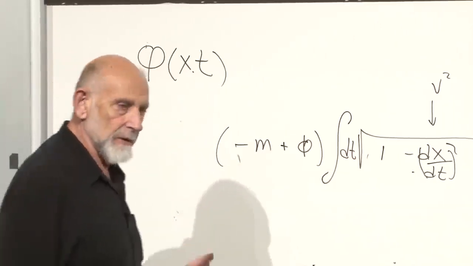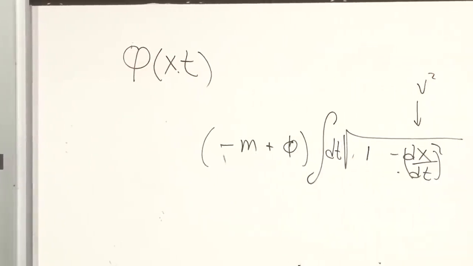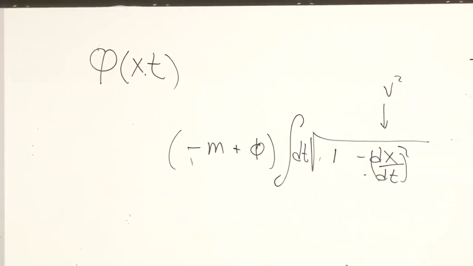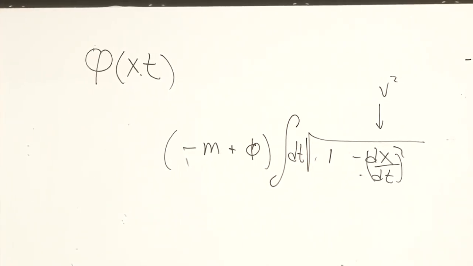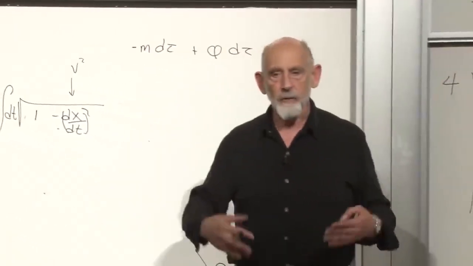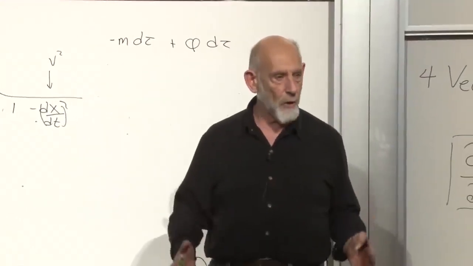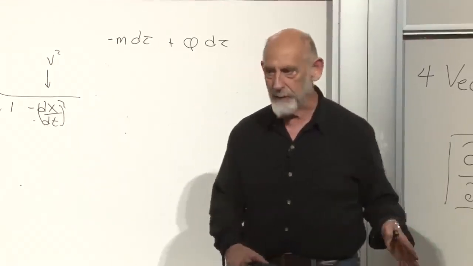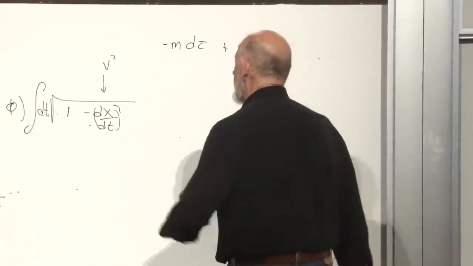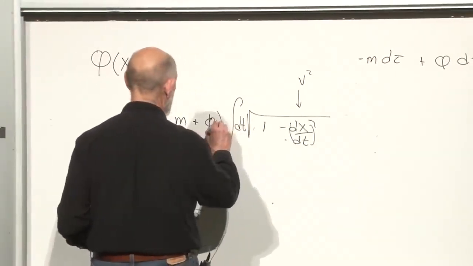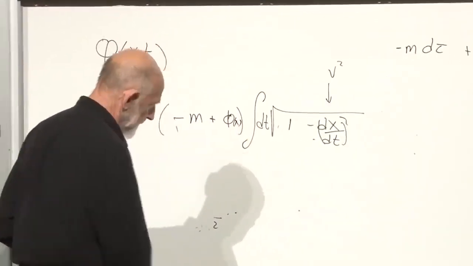For the moment the field has been given to us, we're not going to ask how it got to be the way it was. We're asking, how does the particle move in the field? This is kind of like asking how a particle moves in a magnetic field or an electric field. You write down a Lagrangian for the particle in the electric or magnetic field. You don't worry about how the electric and magnetic field got that way. Okay. And this would be phi of x and t.